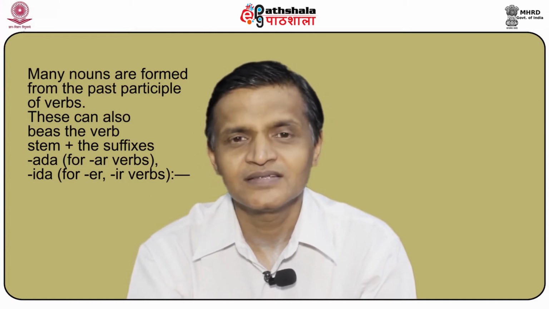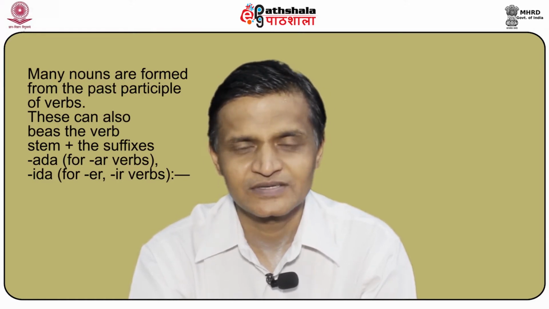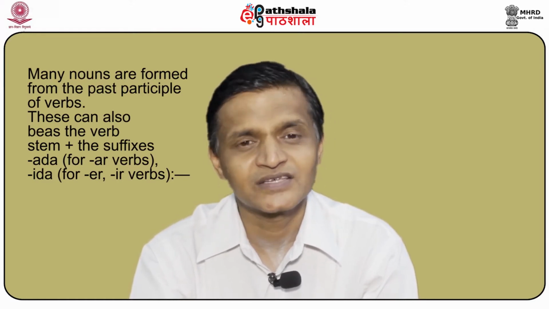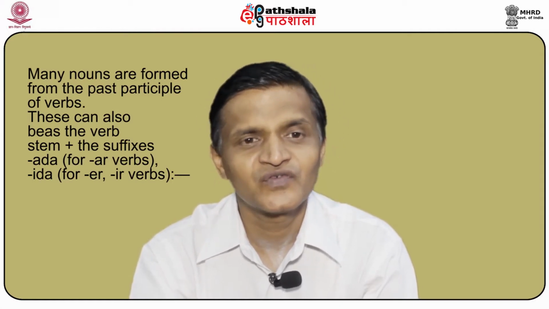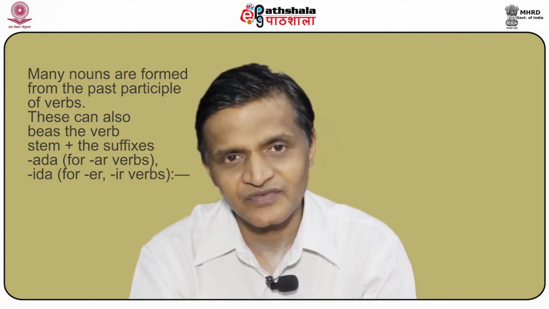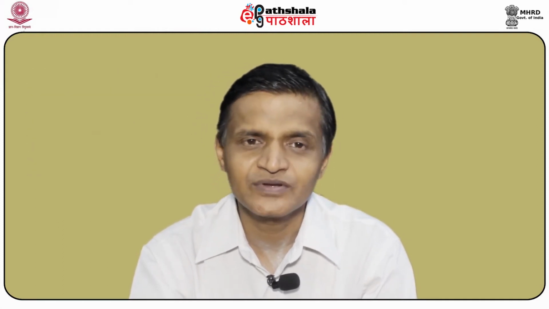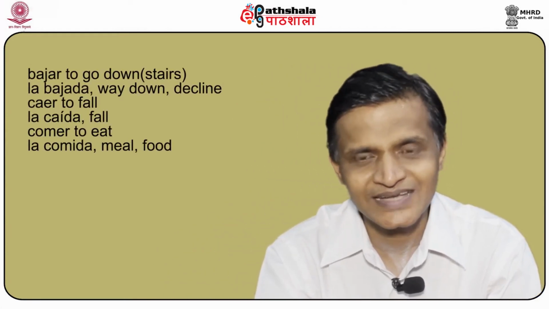I repeat that there are many nouns which are formed from the past participle of verbs. These can also be as the verb stem plus the suffixes ada for AR verbs and ida for ER and IR ending verbs. So, for example, we have the verb bajar, to go down or go downstairs.